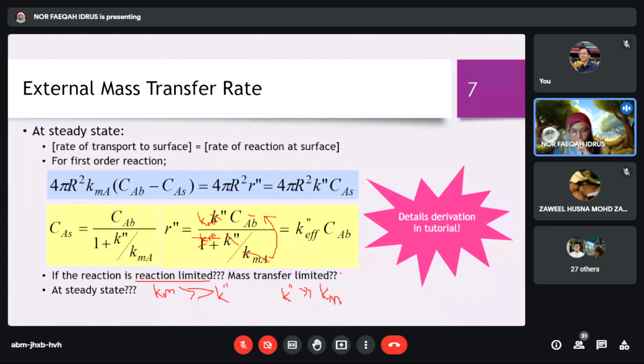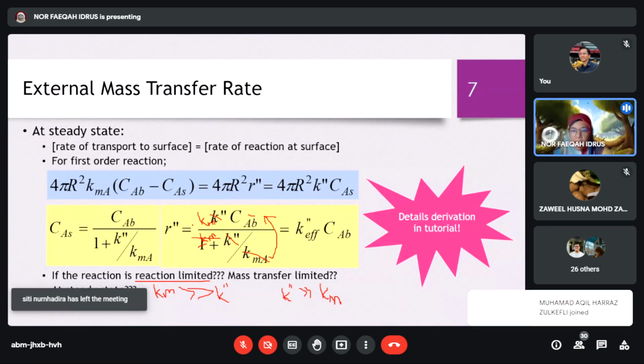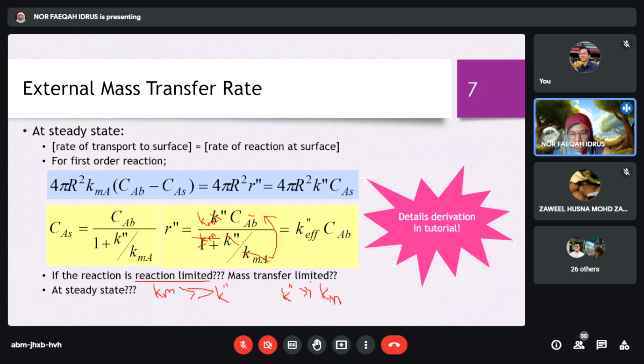So the easiest way to remember: if reaction limited, R equal to K double apostrophe CAB. If mass transfer limited, R equal to Km CAB. But how do you derive it? Like just now, you need to rearrange the denominator. Okay?